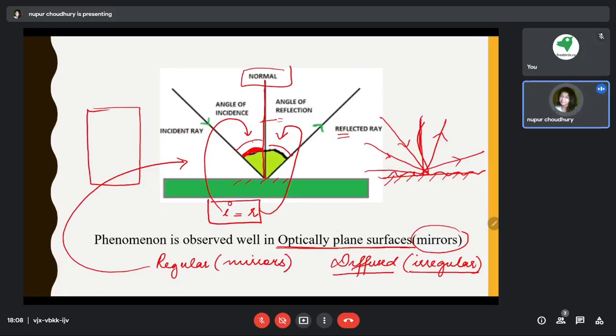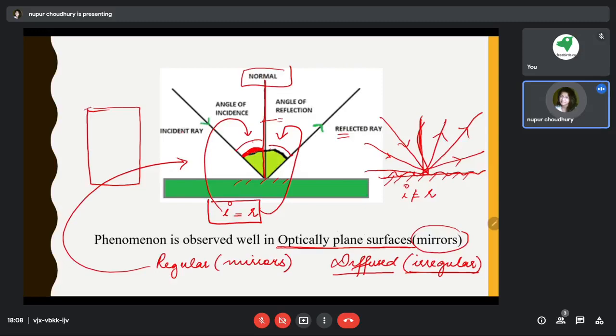Sorry, it will not cross the normal. They will get reflected in all possible directions. So here the angle of incidence is not equal to the angle of reflection. This happens exclusively for irregular surfaces.